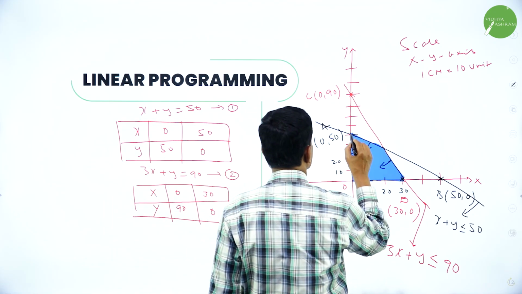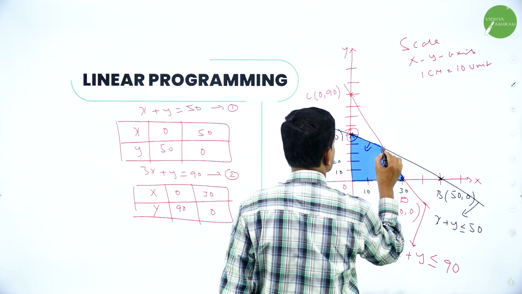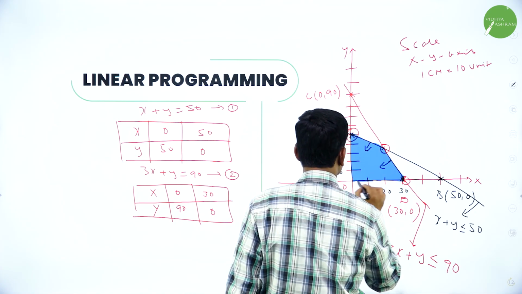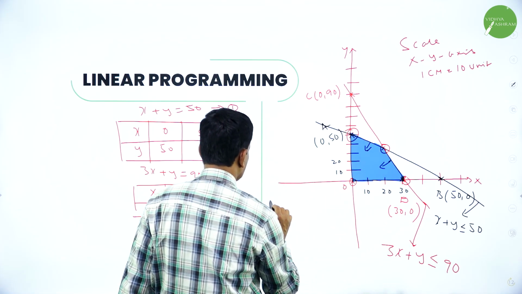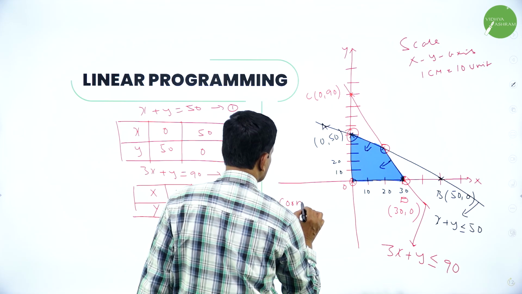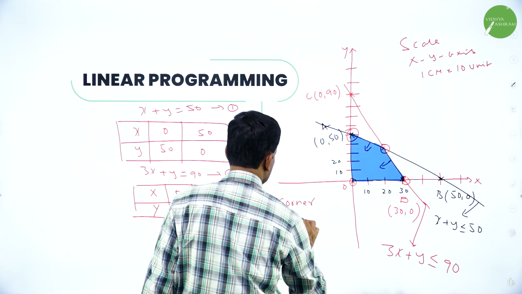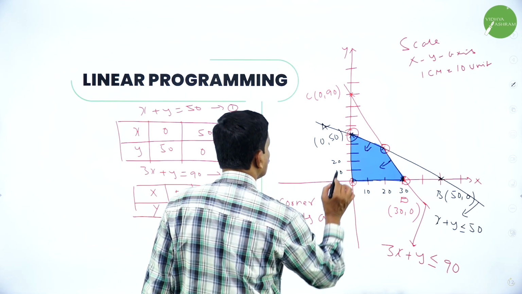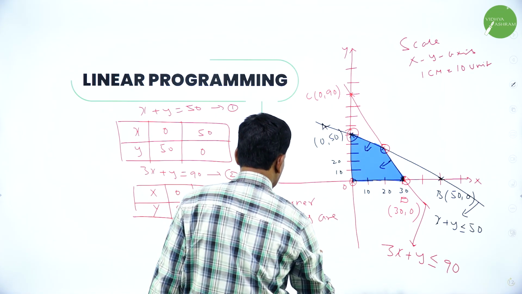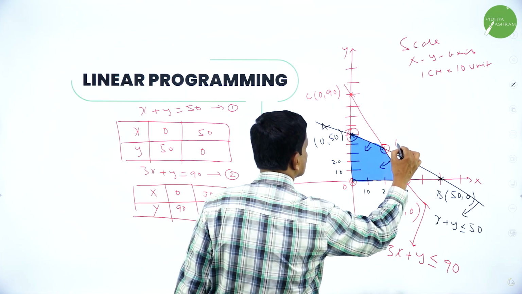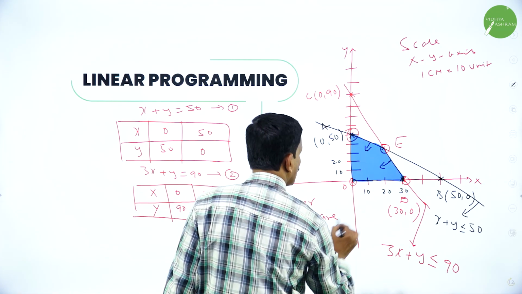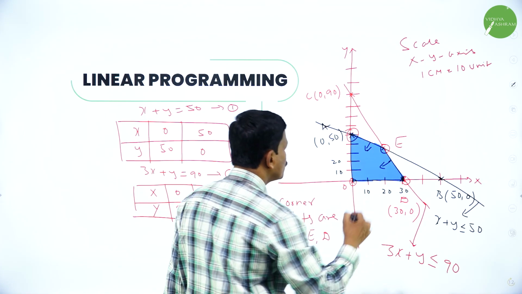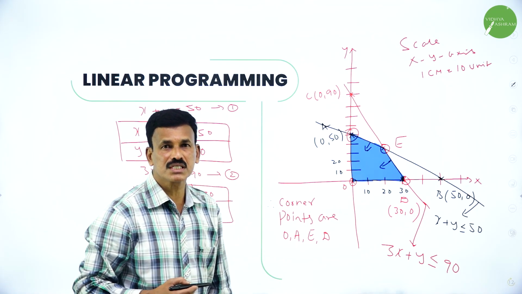Now, the corner points. So, therefore, the corner points are O, this A, then let us call it E and D. Now, find out the value of E. What is E from this diagram?